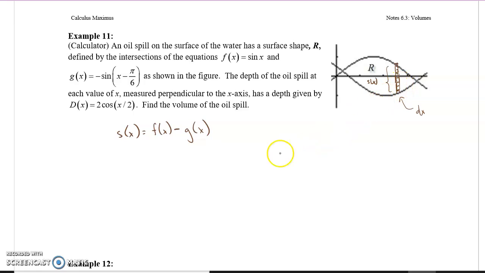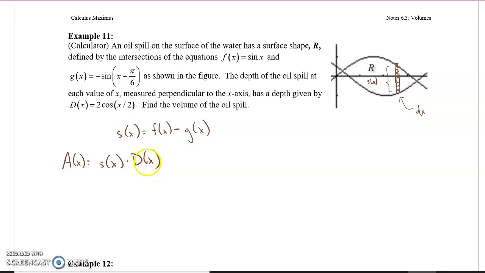So we actually have cross-sections that are rectangles whose base is s of x and whose height or depth is d. So the area function is going to be found by taking s of x times d of x.